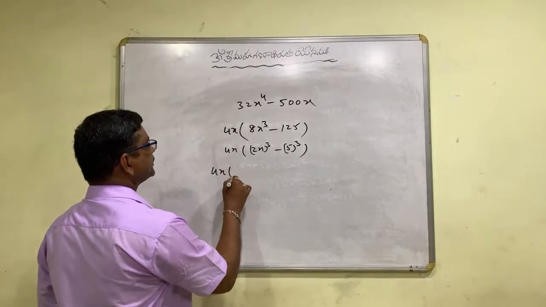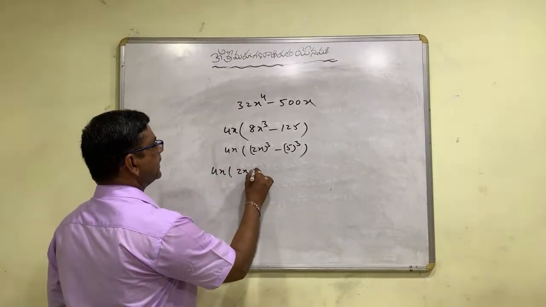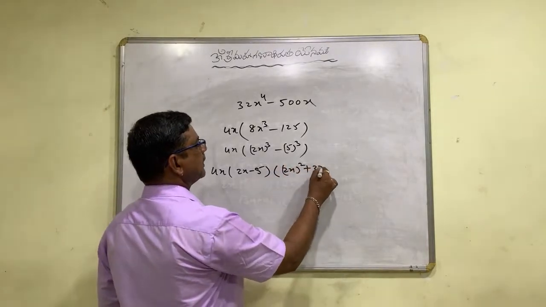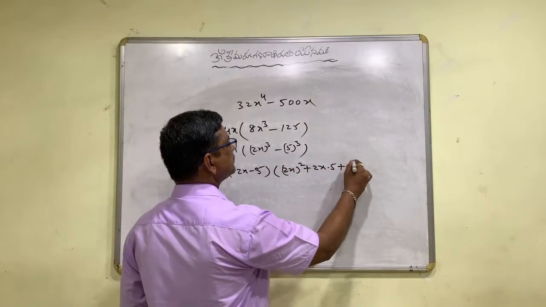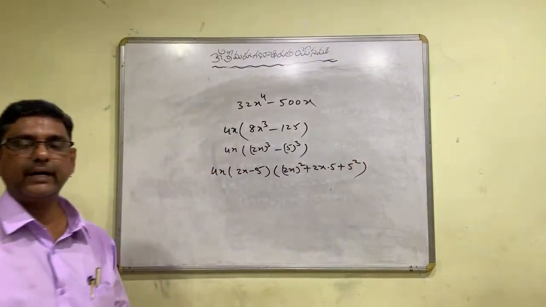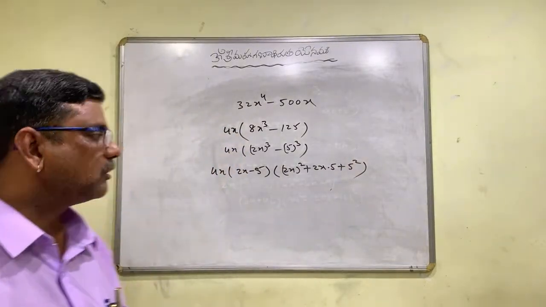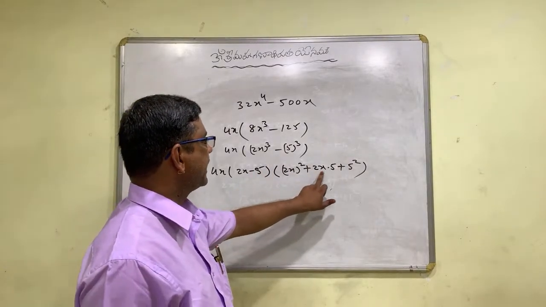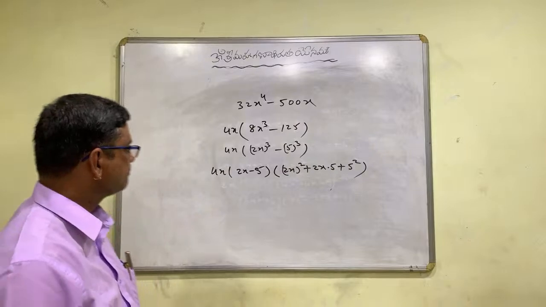So 4x into a minus b, a square plus ab plus b square. I told you a cube minus b cube equals a minus b into a square plus ab plus b square.